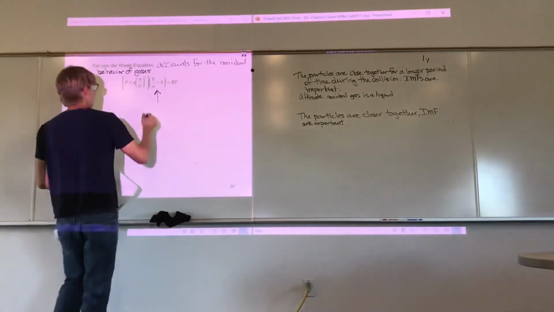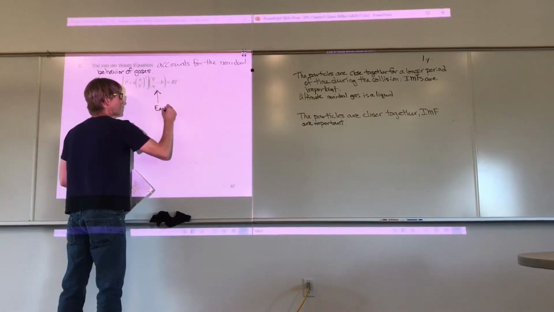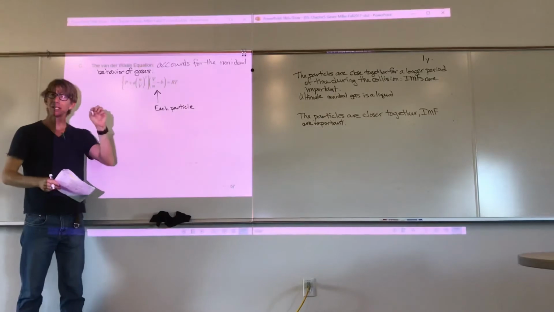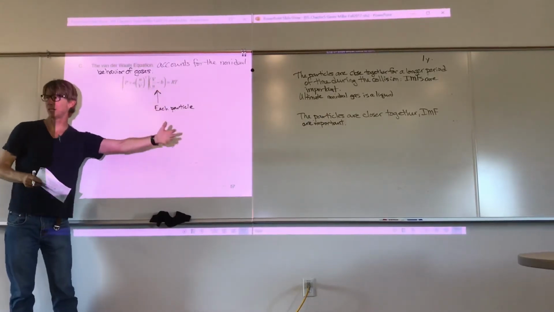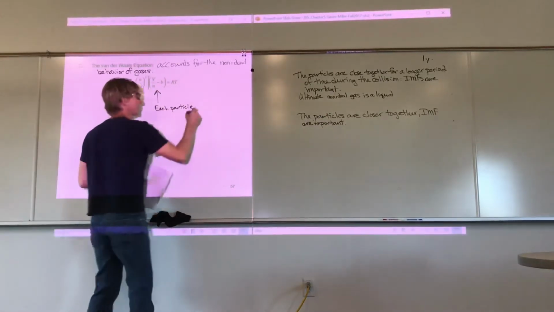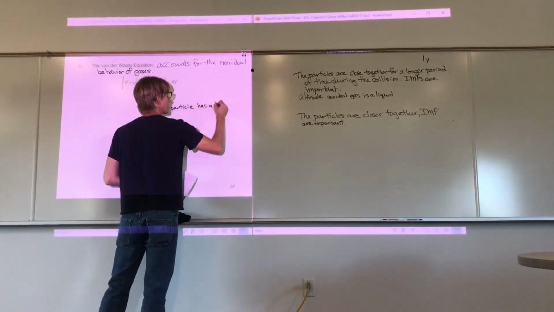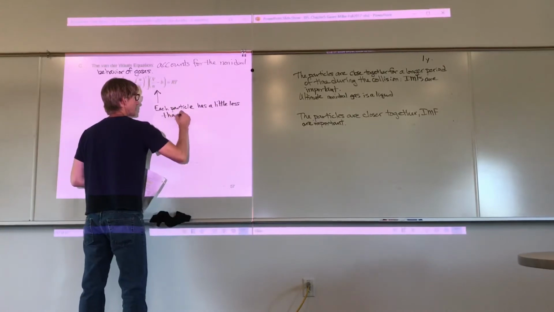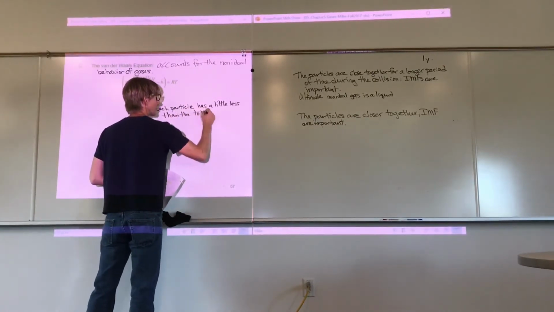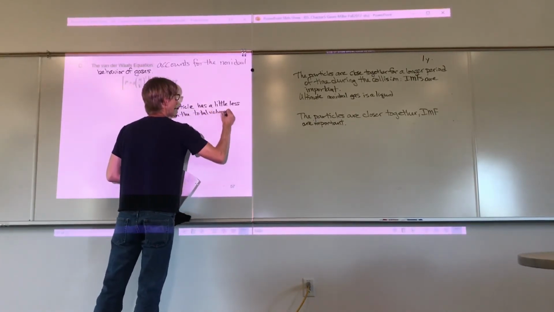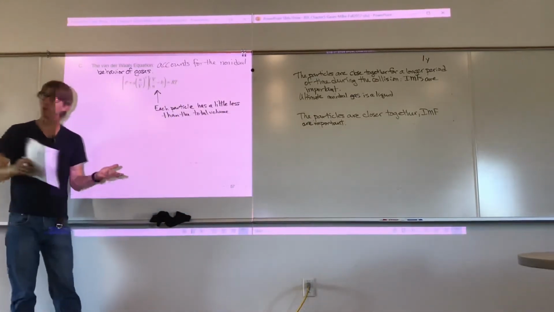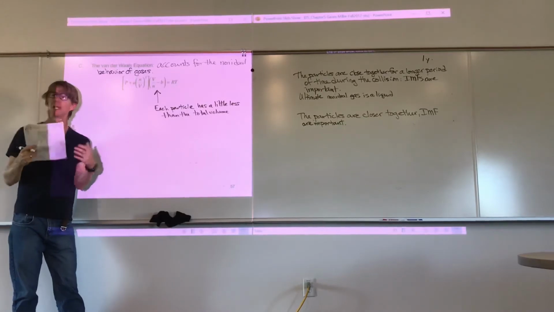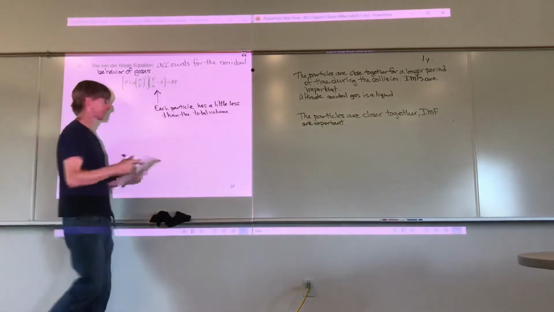So each particle has a little less than the total volume of the container to travel. I said the room, but I should say container, because most gases are in containers. Most people are in rooms.